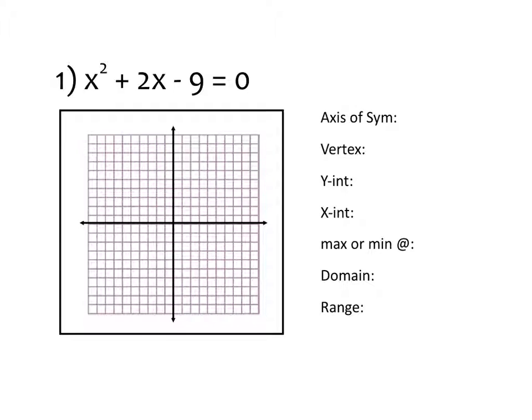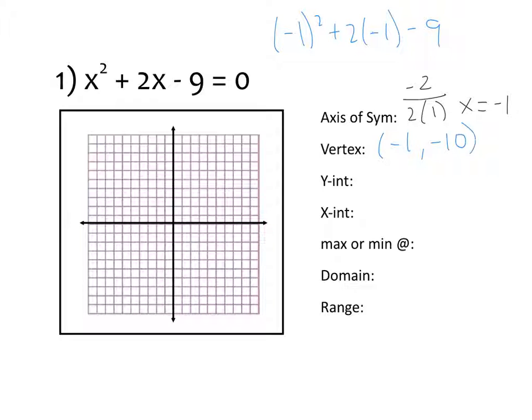Opposite of b over 2 times a would be -2 over 2, which would be at x equals -1. Now to find the vertex, I'm going to plug in -1 and solve for my output y. So -1 squared plus 2 times -1 minus 9 is going to equal -10. So my vertex is at -1, -10.